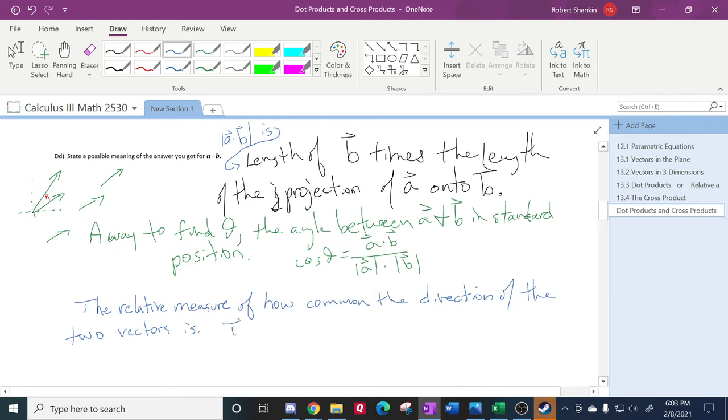The closer A dot B is to the magnitude of A times the magnitude of B, the more they point in the same direction.